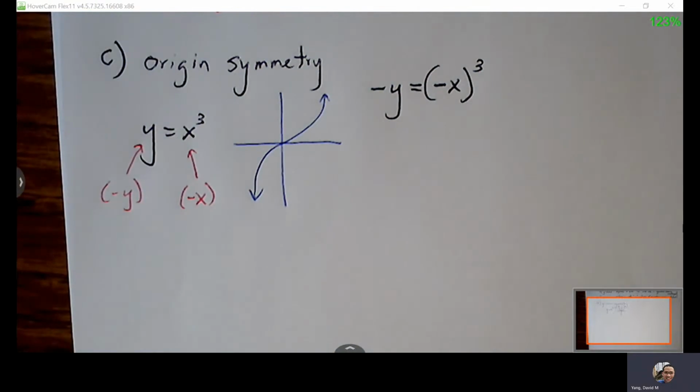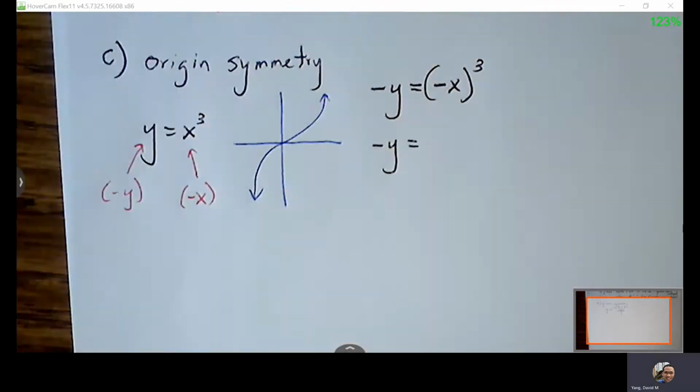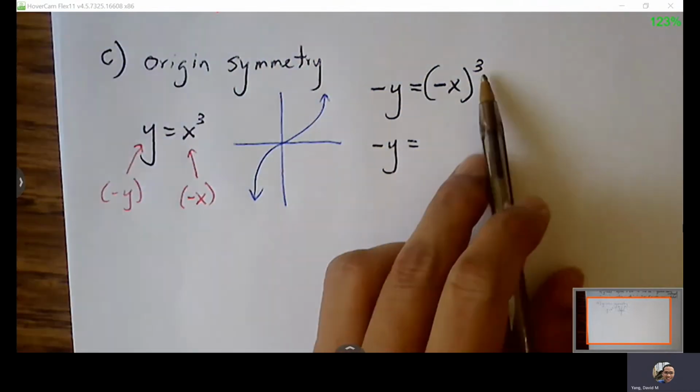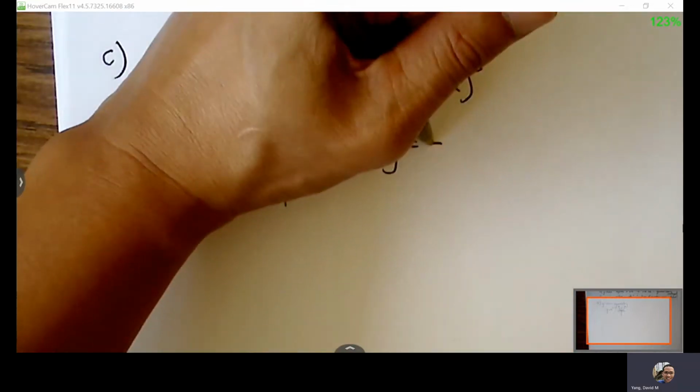Okay, if I clean this up, will this bring me back to my original starting point? Let's see. So negative y will stay negative y. Negative x cubed, this is raised to an odd power, so that negative is not going to go away. It'll still remain with the problem.